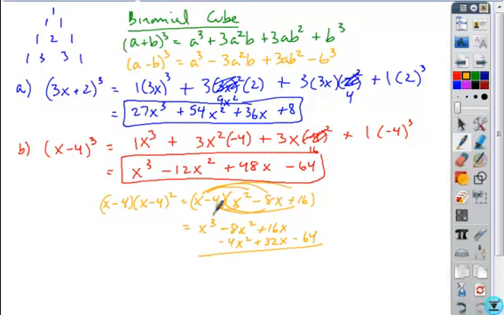And so if you combine down your columns, you get x cubed minus 12x squared plus 48x minus 64, which looks exactly like what we got from our pattern. So it's completely personal preference for you to determine which one you would prefer to use.